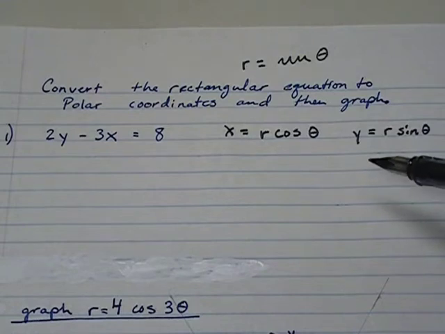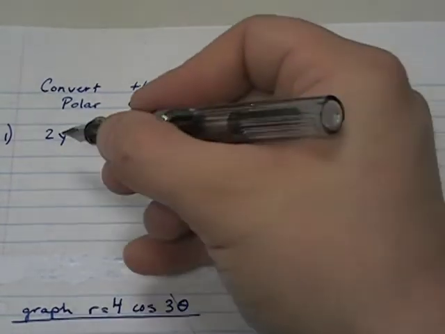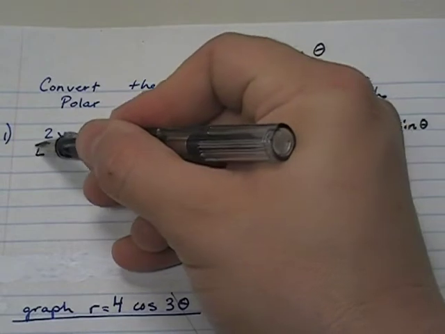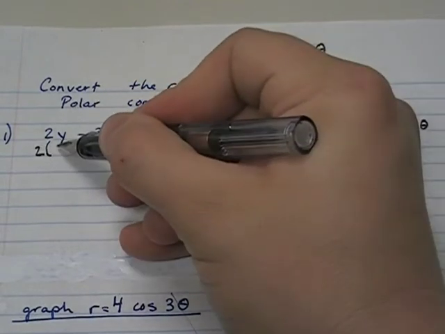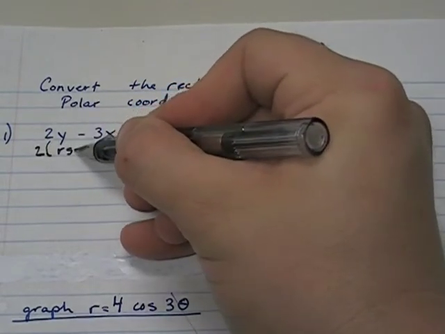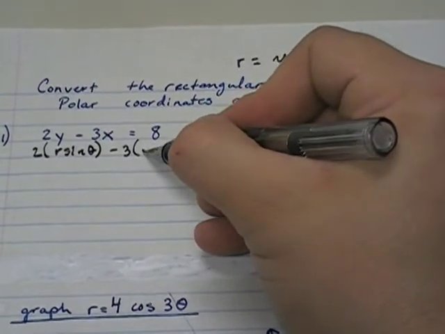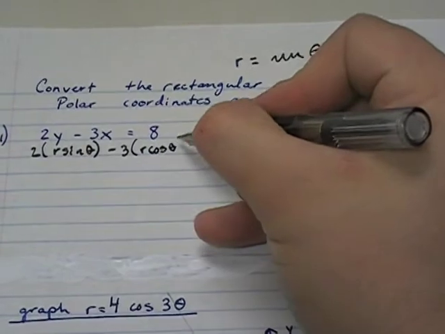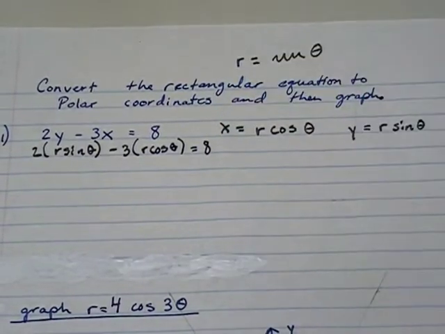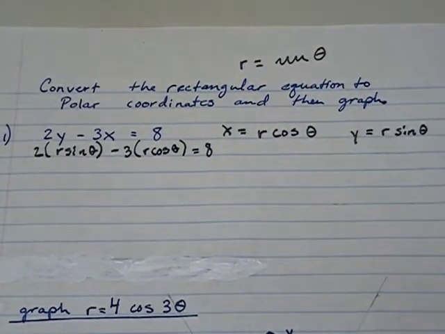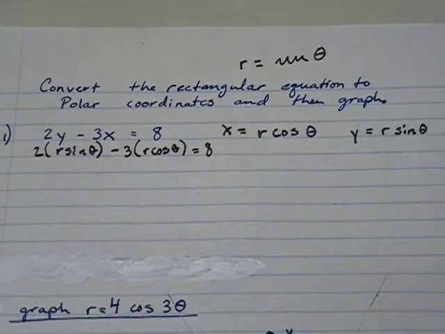And there's your polar equation. So, I'm going to say 2 times r sine theta minus 3 r cosine theta equals 8. Okay? Seems simple enough to me.